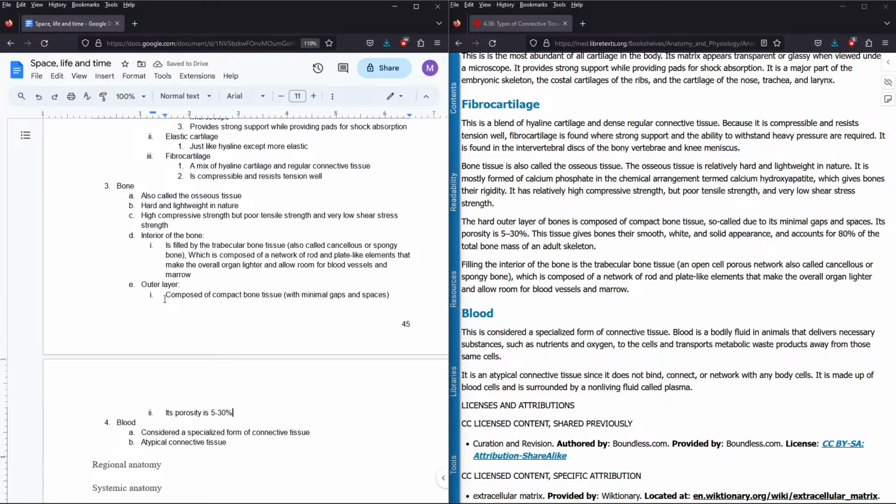This tissue gives bones the smooth, white, and solid appearance. It accounts for 80% of the total bone mass in the skeleton.